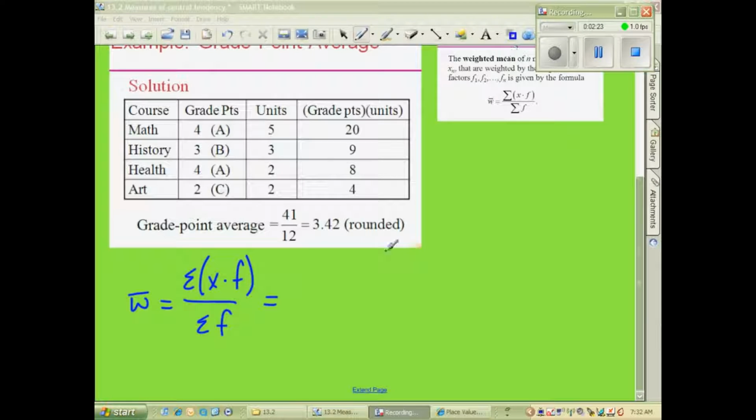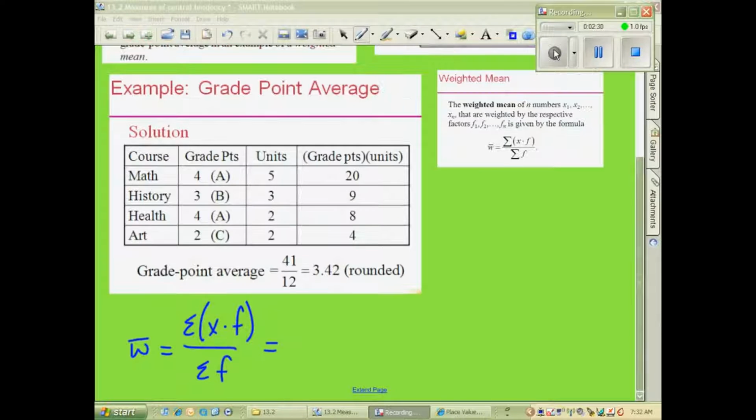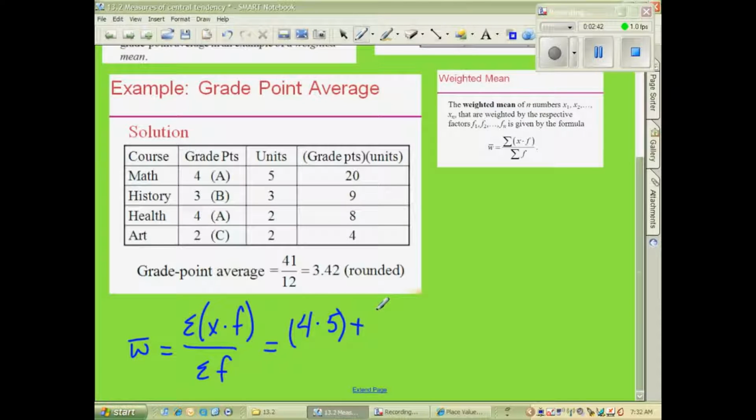So there's our formula. Now we take our values and put them in there. In the math class, we made a grade of an A. That gave us 4 points. It had a factor of 5. Plus, in history class, we made 3 points, or a B. It had a factor of 3. Plus, in health class, we made an A, so that's a 4.